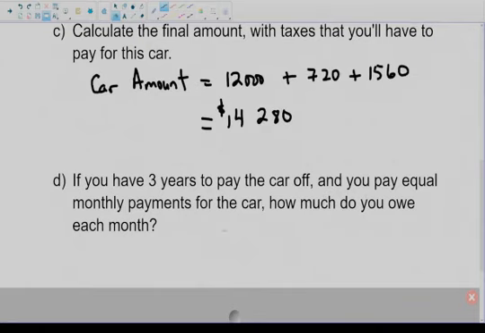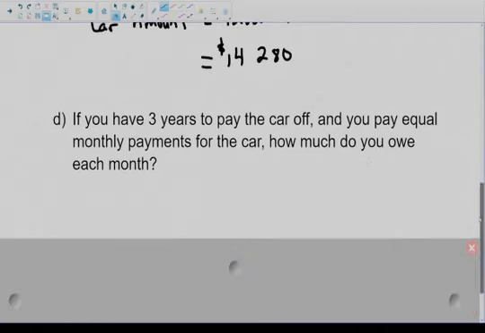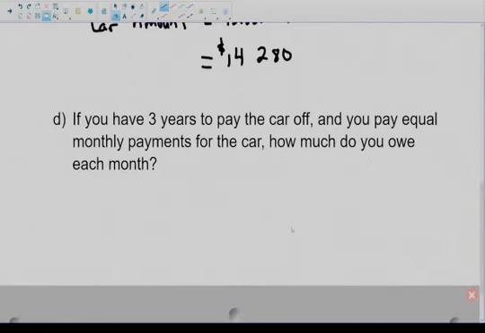If we have to pay monthly, what would we do to calculate how much per month we'd have to pay off this debt? Well, the first thing we'd have to do is figure out how many months are there in 3 years. Okay, well, we know that there's 12 months a year.